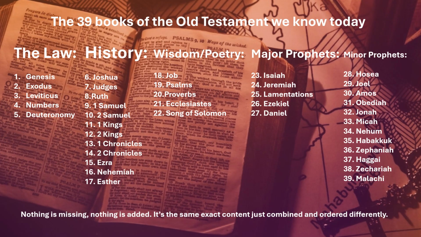Early Christians, especially Greek-speaking ones, used the Septuagint and taught the scriptures in ways that pointed to Christ. So the structure became law, history, wisdom, and prophets. This makes the Old Testament feel like a forward-moving story that leads into Jesus. Because people in the Old Testament didn't have the revelation that we have today, which is Jesus Christ.